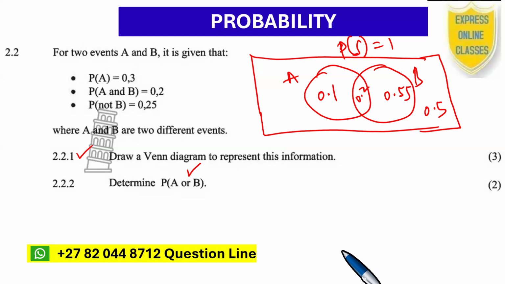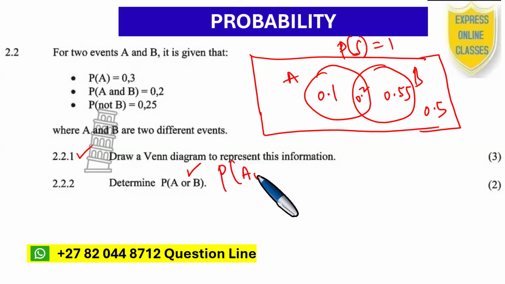I got 0.45. You got 0.45. What did you do? I used the addition rule: the probability of A or B is equal to the probability of A plus the probability of B minus the probability of A and B. Well done.